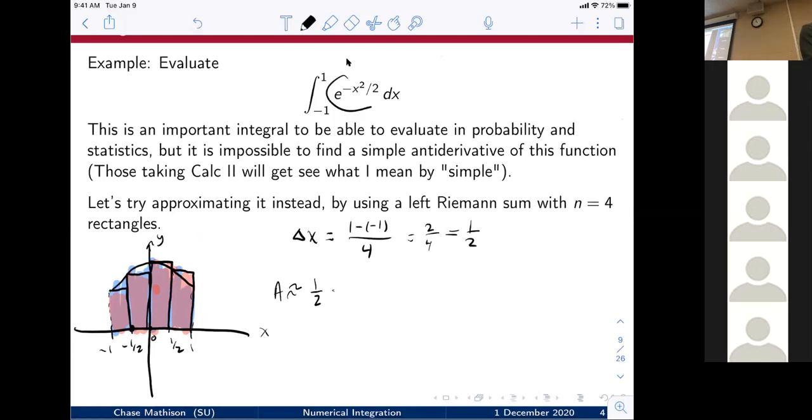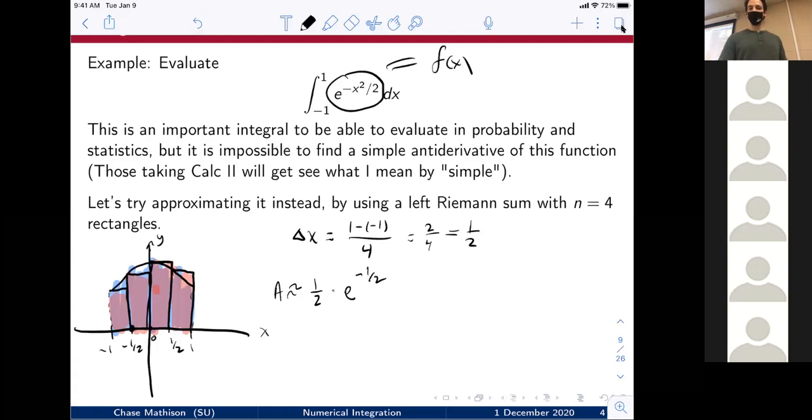And f for us is this e to the minus x squared over 2. Exactly right. So f of minus 1 is just e to the minus 1 over 2. Okay, any questions on where that e to the minus 1 over 2 came from?